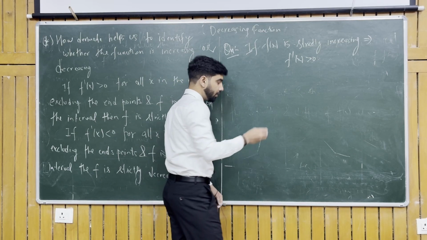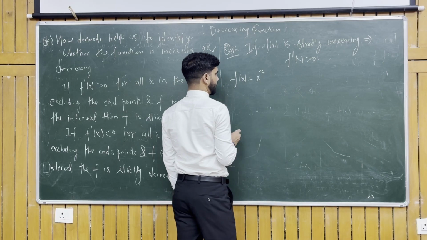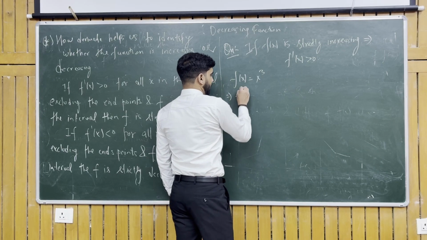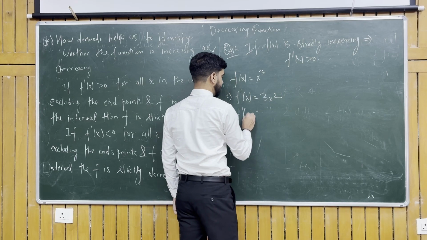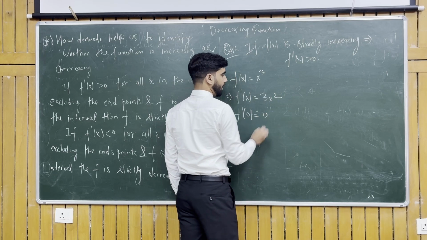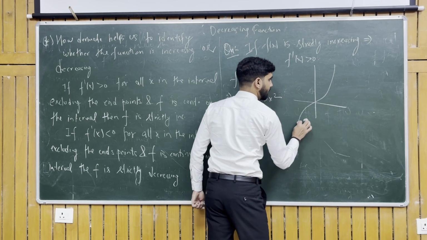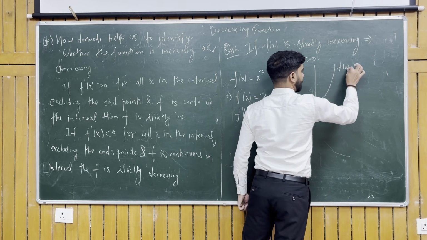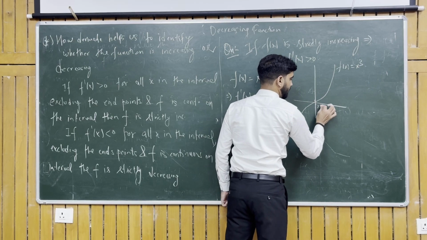So let us take f(x) equals x cube. Then we know that f dash x is equal to 3x square, and f dash at 0 is equal to 0. This is the graph of the function f(x) equals x cube, and this is the point x equals 0.